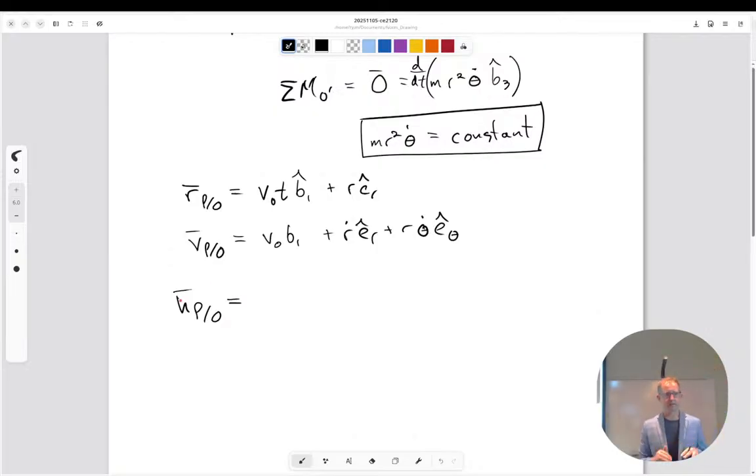All right, what is angular momentum around O? What is that?